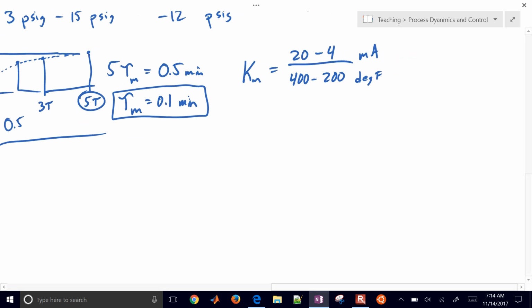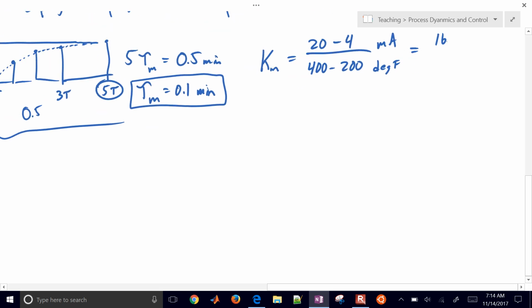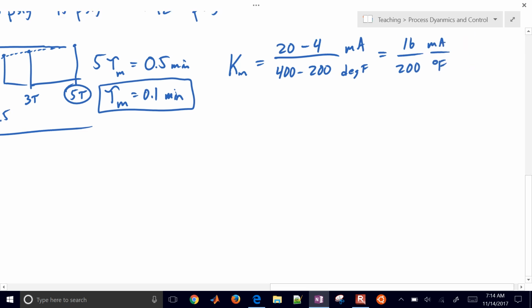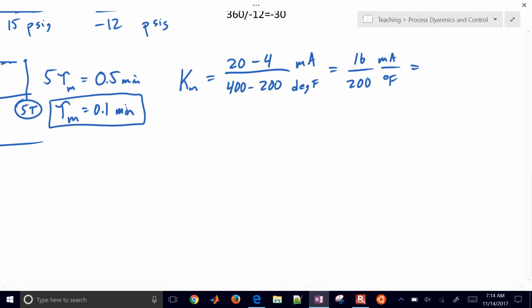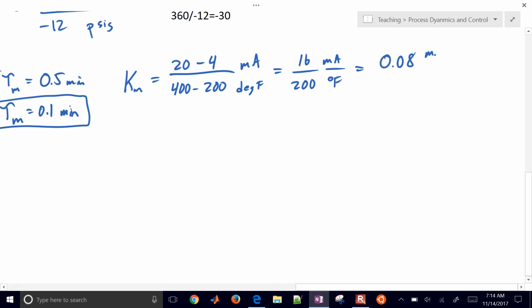So we have 16 divided by 200, and that's going to be milliamp per degree Fahrenheit, equal to 0.08 milliamp per degree Fahrenheit.